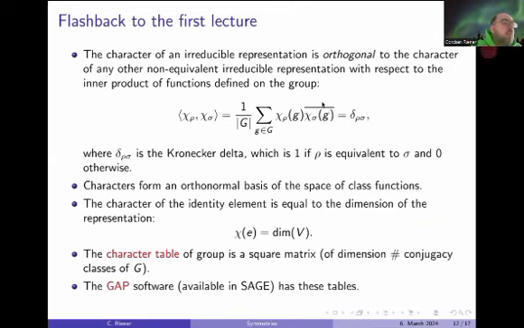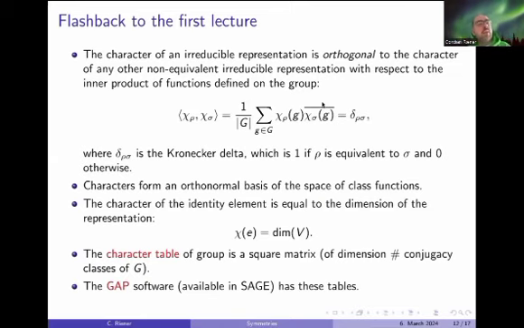And just to mention these two things, we can completely characterize the characters in a square matrix. The number of characters is exactly the number of conjugacy classes, because I mentioned they are an orthonormal basis for the space of class functions.